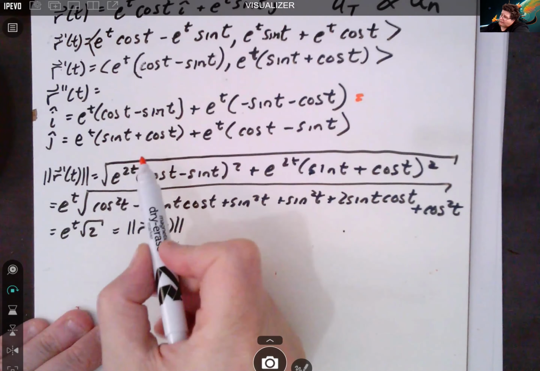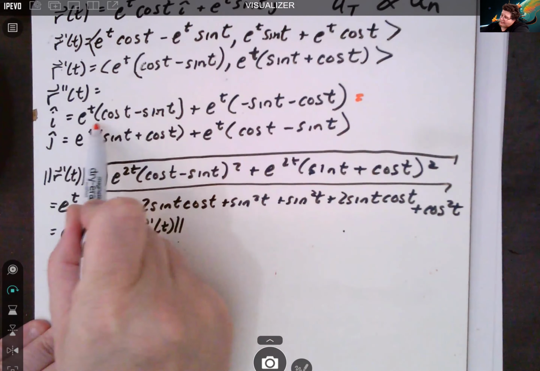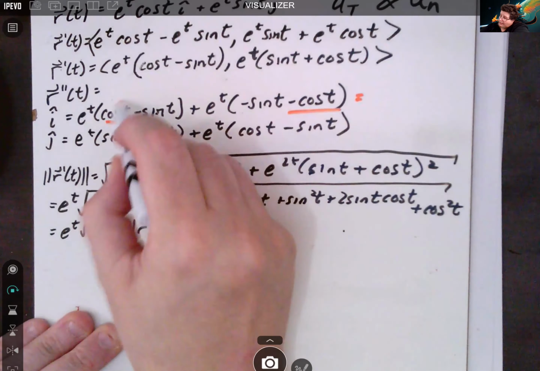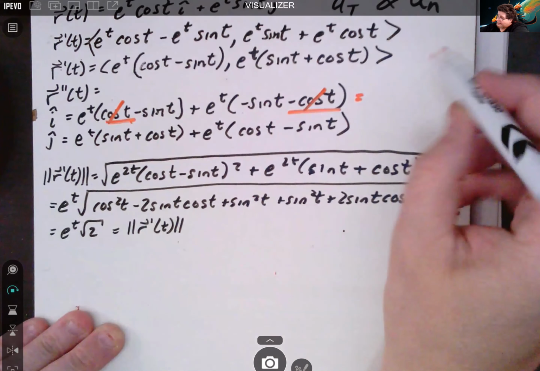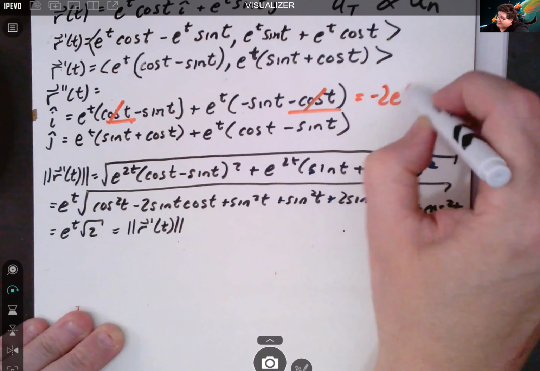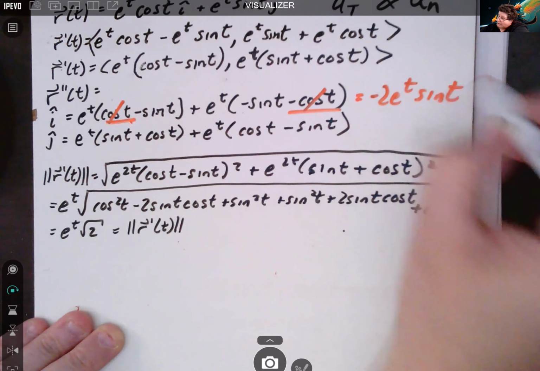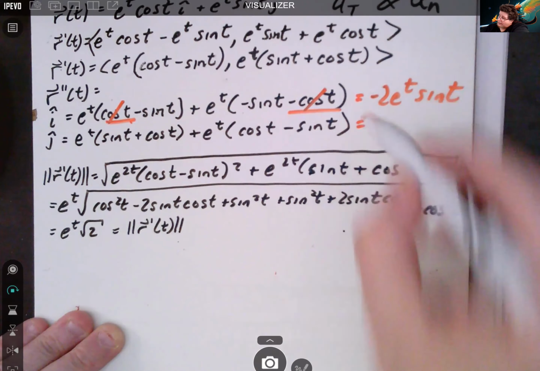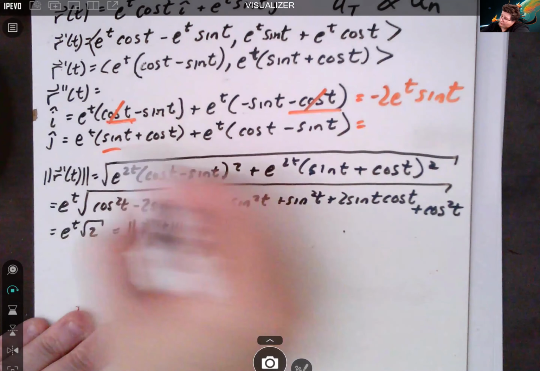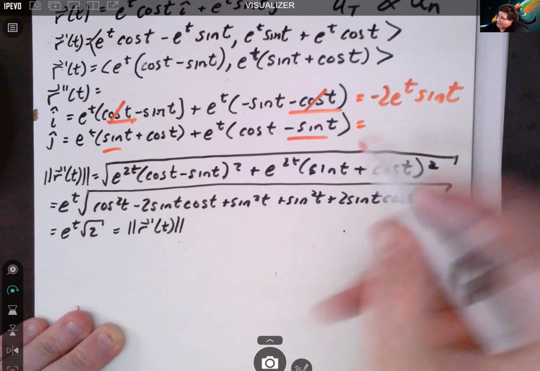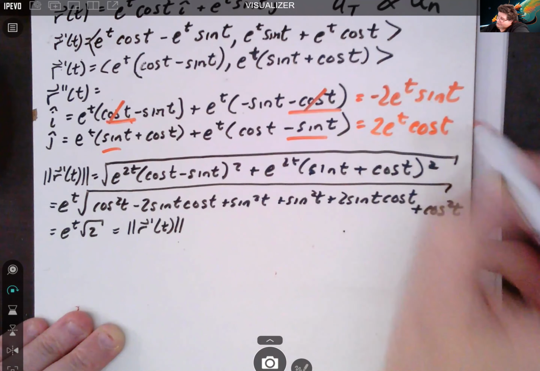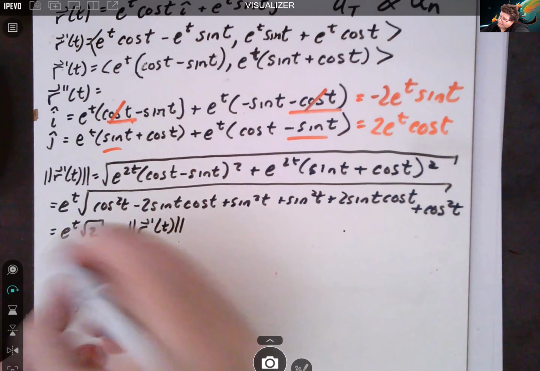I've got e to the t cosine t and e to the t negative cosine t. Those go away. I could have just had negative 2 e to the t sine t. And in this one, the sines cancel, and I have 2 e to the t cosine t. That makes R double prime pretty easy.